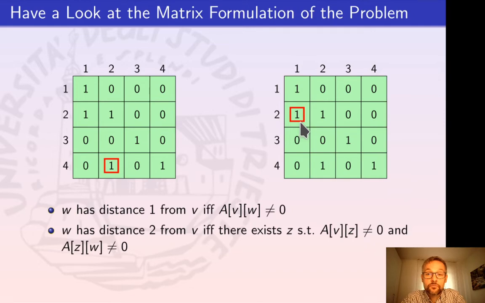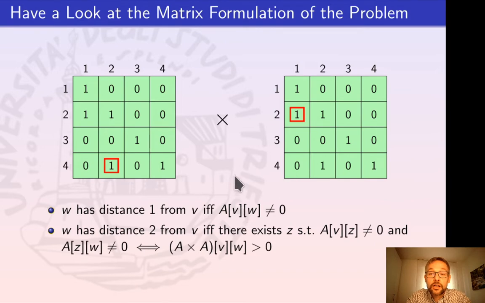In this way we have mapped the problem of searching a path of length 2 from V to W to a problem of searching on matrices.